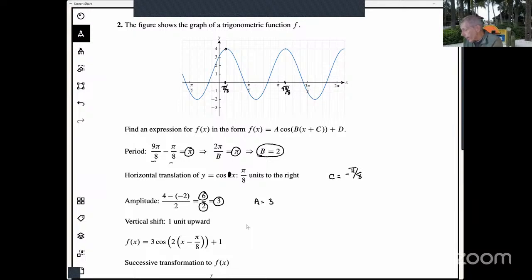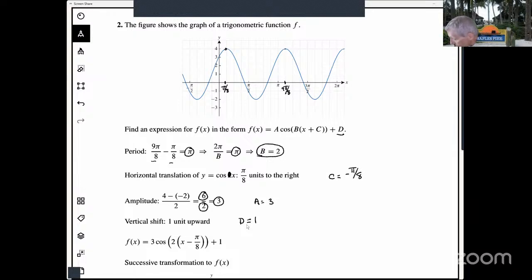And let's see, I think there's a vertical shift 1 unit up. When I factor in that amplitude of 3, I've shifted this graph 1 unit. So in my constants up there, I think D would be equal to 1.